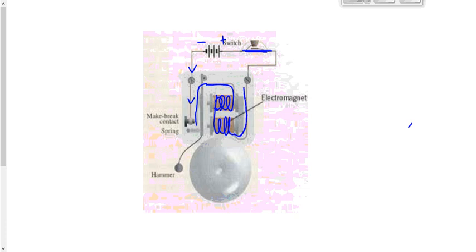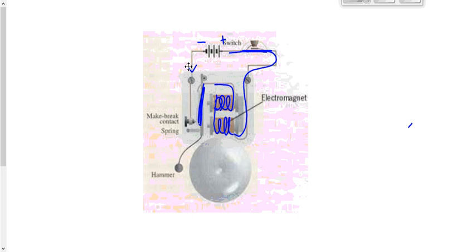Now the current keeps going through here, through the coil switch, and then back, and keeps going, right? Now, as these two coils become electromagnets, they can become magnetized as a result of electric current, they're going to attract this piece of steel right here, this thing that made contact with the make-break contact. So this thing is now going to be pulled over here. Contact is now broken.